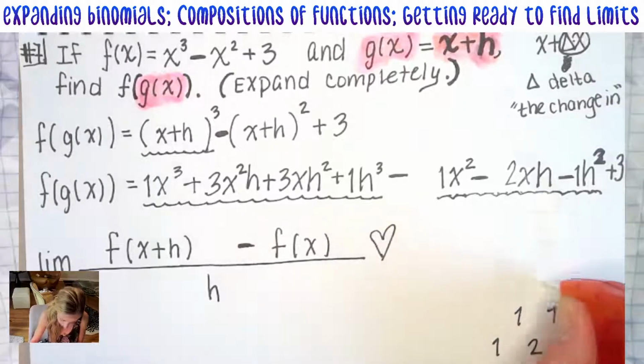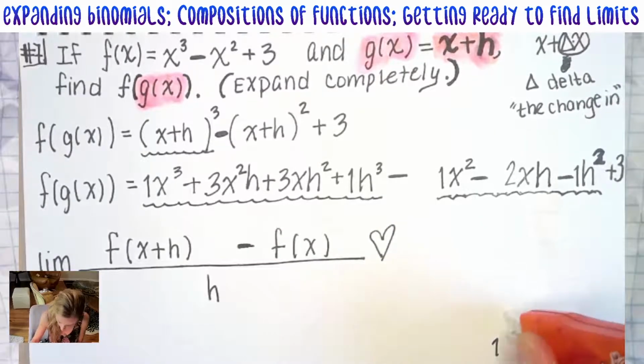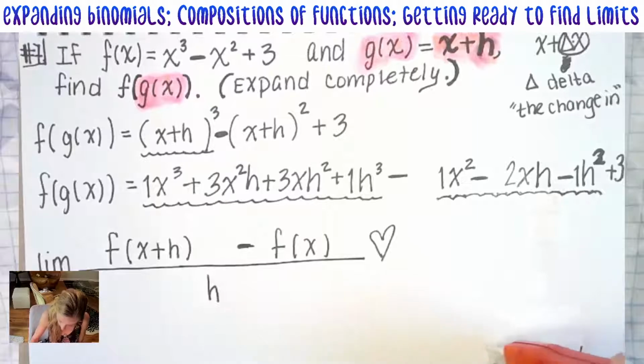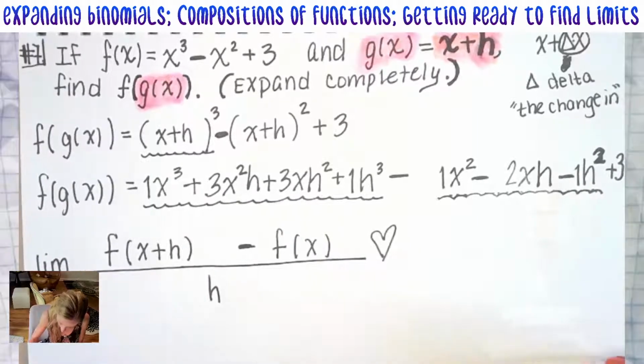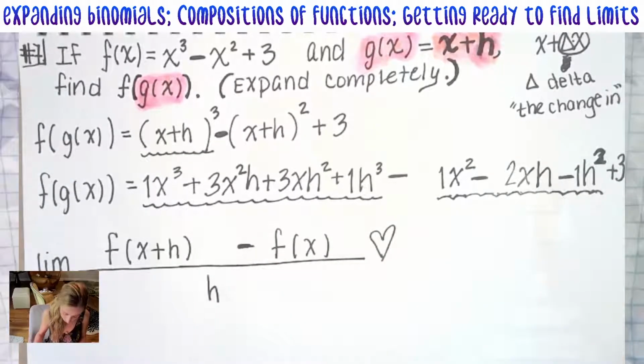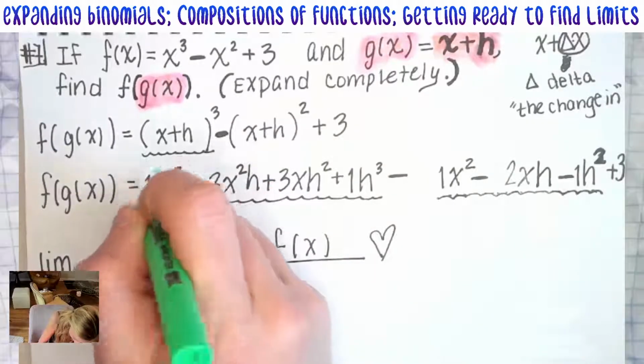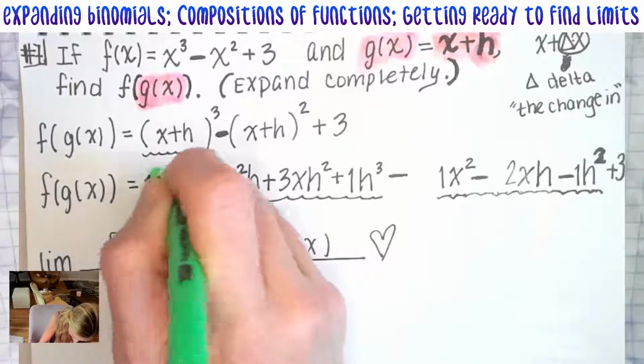So I'm just going to, this one takes 2 seconds to do, not 2, but 30 seconds. So I'm just going to do that since we're here right now, and it is literally in your future in the next couple of days if you are in a pre-calc class looking at something like this right now. So what will this look like? Well, f of x plus h is already done in the problem. Where is it? It's right here. We already did it.